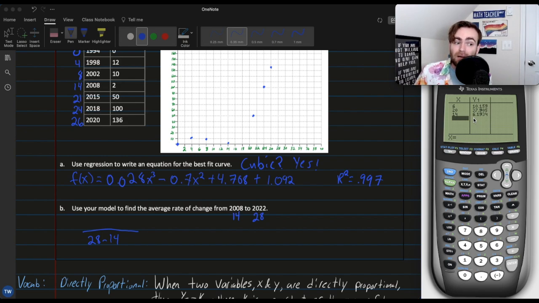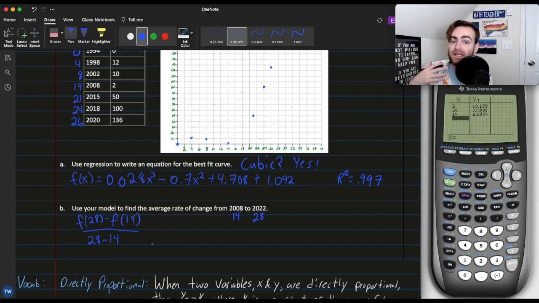I'm going to tell you, since it says use your model to find, that we're going to use the output from our function. We are going to do f of 28 minus f of 14, simply because that's what the question seems to be alluding towards.